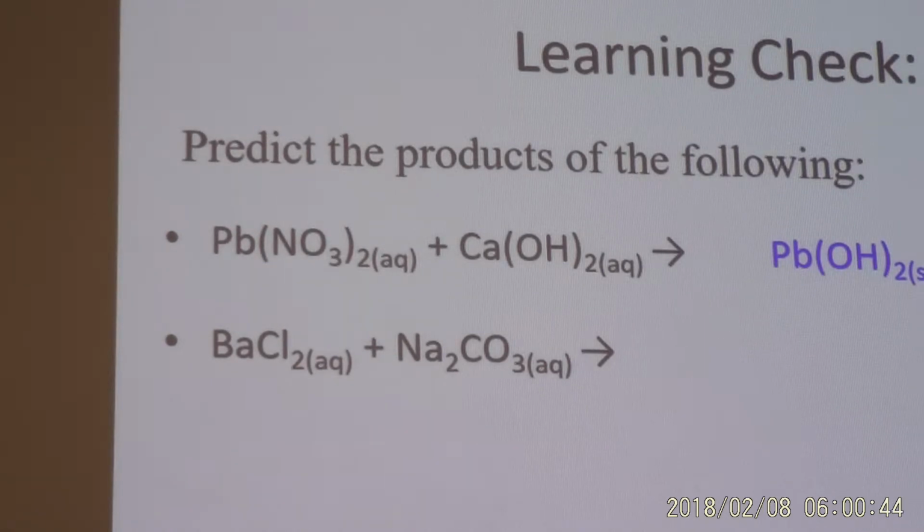Question. Because there's 2 Na and 2 Cl, it has to be 2 on the side, right? So can we just put a big 2 in front? Okay, that's the way it has to be.